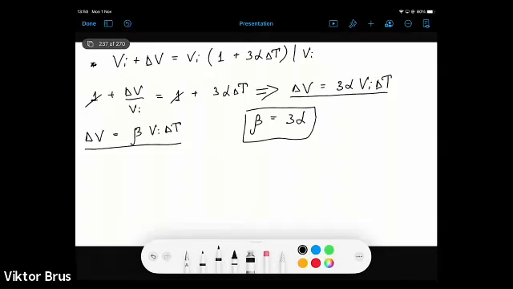During this lecture, we introduced the main concepts of thermodynamics and such an important parameter as temperature.